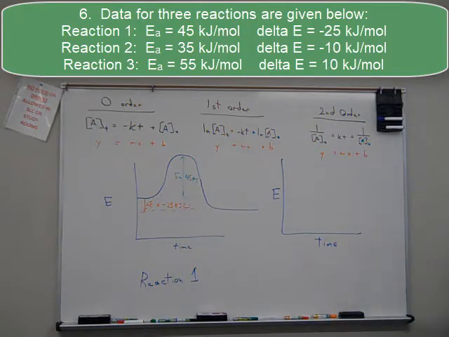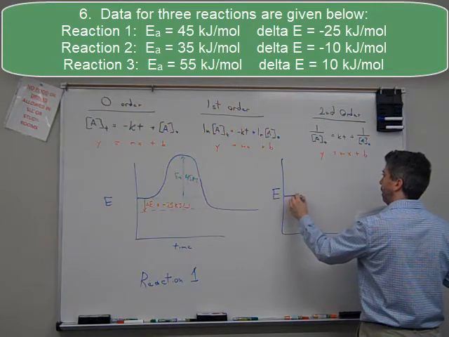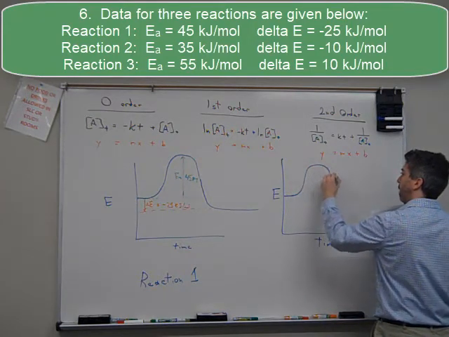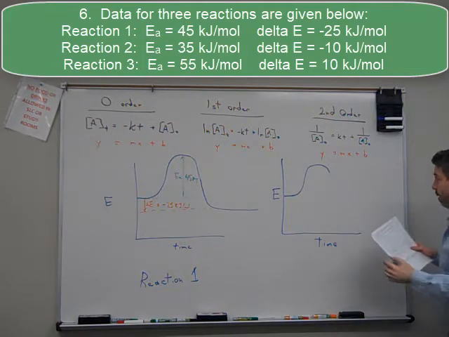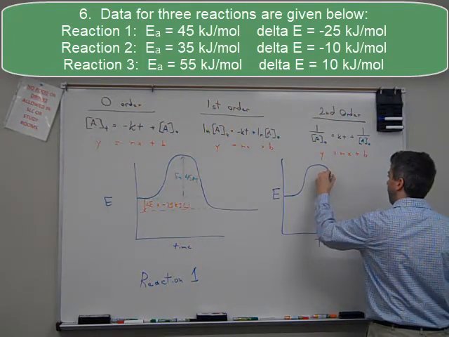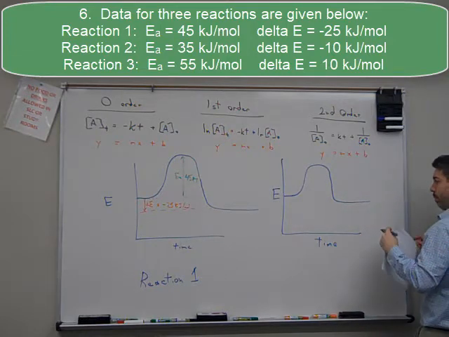And the activation energy in this case is 35 kilojoules per mole, so it's not going to go quite as high. Assume it starts from about the same position. Not quite as high. But now the delta E, it says, is negative 10. When it drops back down, it's not going to drop as low.